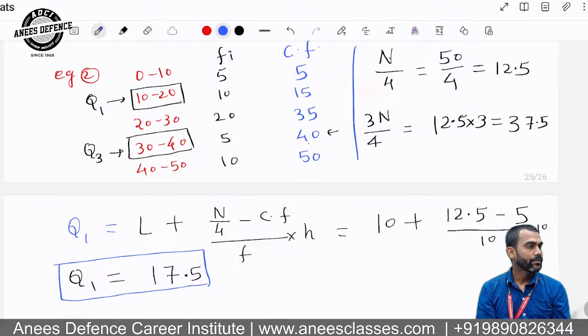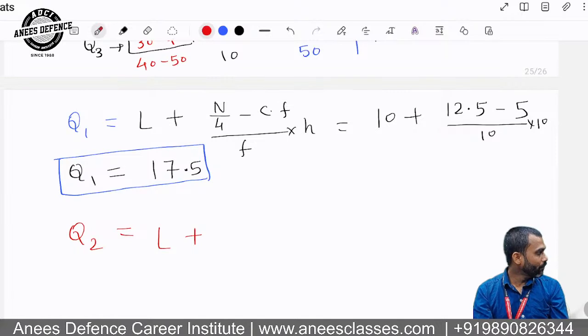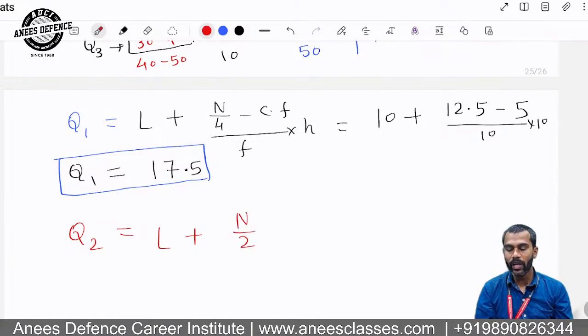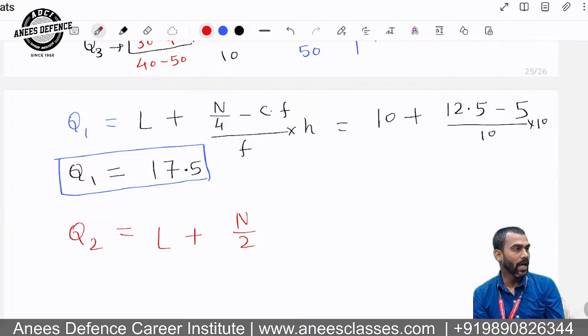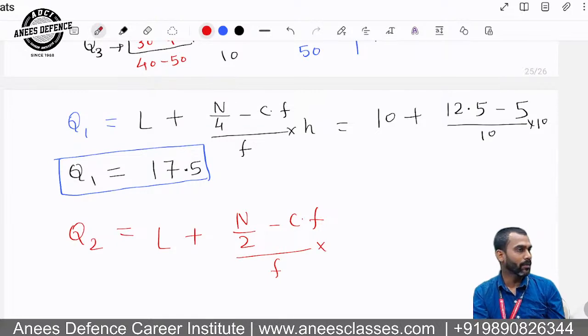Now we need to find out Q2. Again, the same formula, L plus, instead of n by 4 we write 2 times n by 4, that is n by 2, minus CF divided by F, into H. Are you able to relate it with the median?